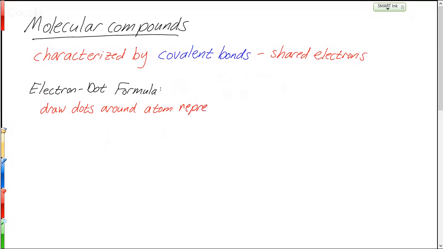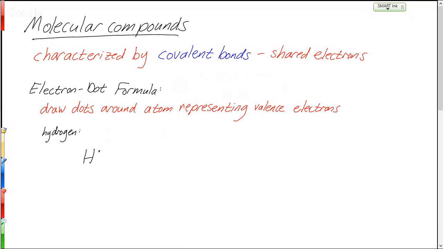So we're going to draw dots around the atom representing valence electrons. For instance, hydrogen. We make the symbol H, and how many valence electrons does hydrogen have? 1, so we'd make a dot. Doesn't really matter where you put that dot, somewhere around there.